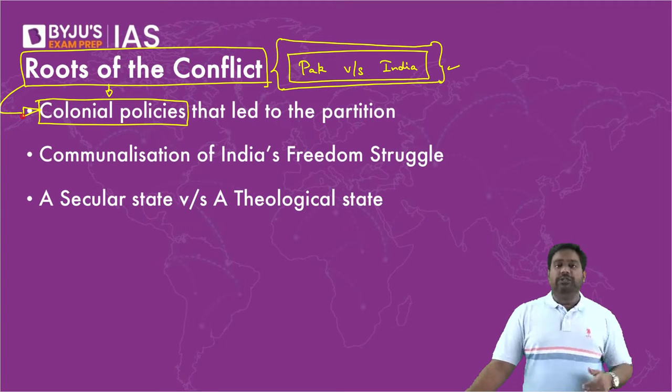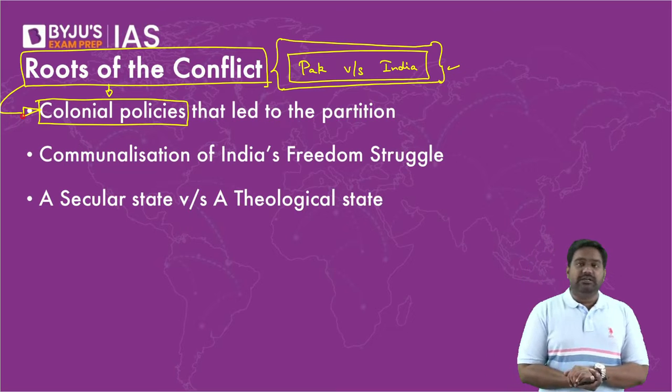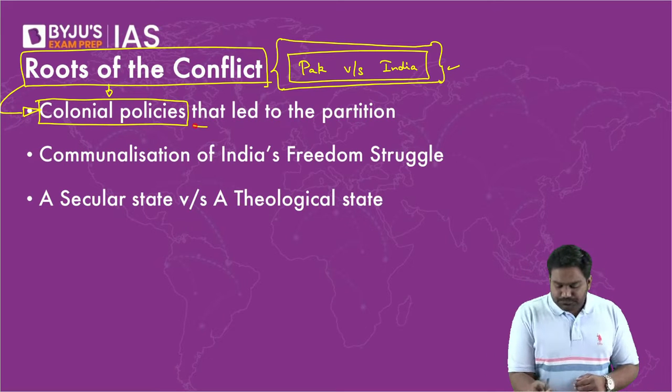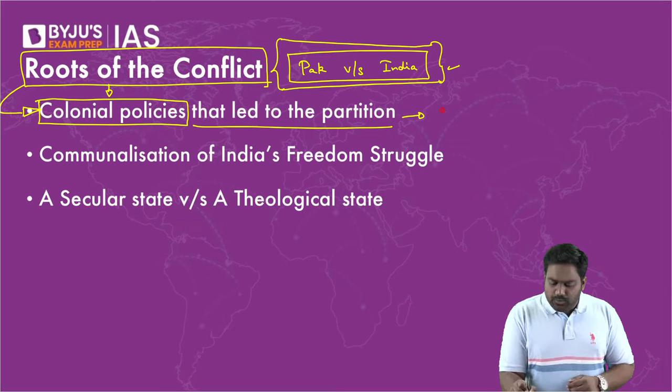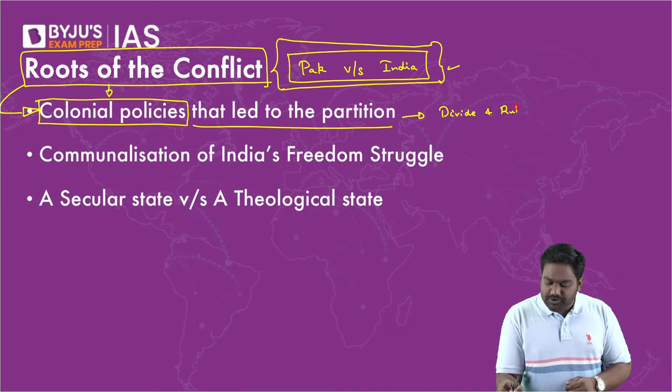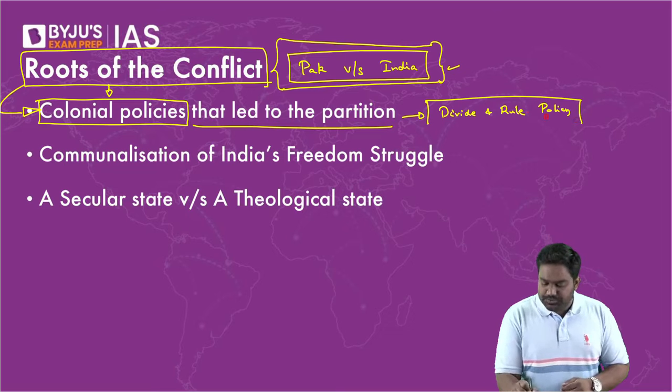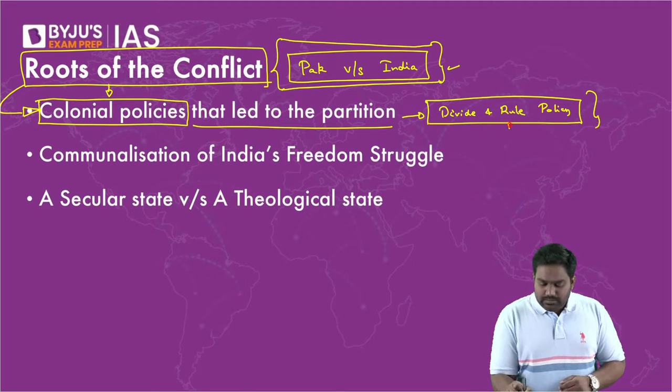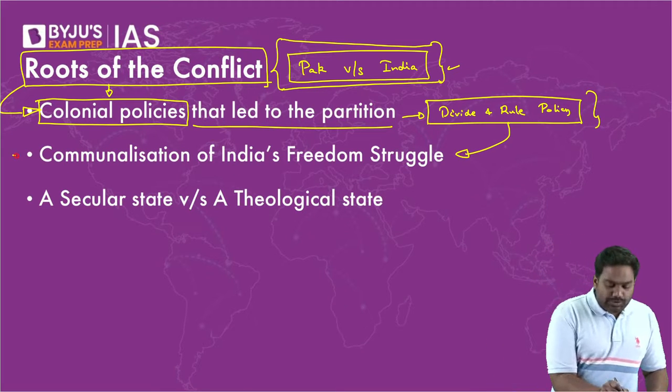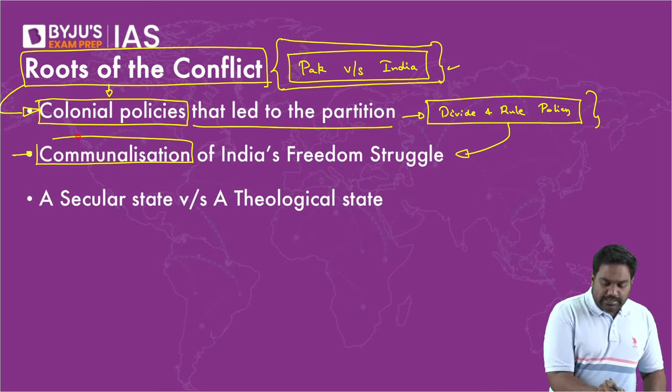The colonial policies, as we discussed in the previous classes, led to divisions in the society, in the community. The divide and rule policy of the British induced deep-rooted communalization in India's freedom struggle.